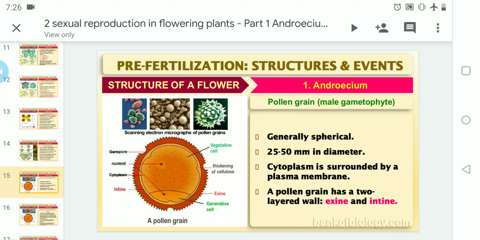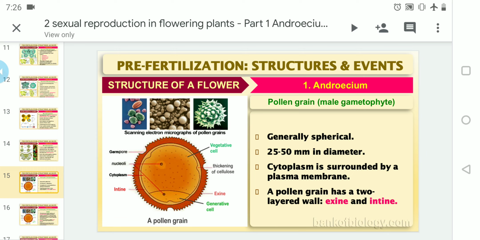Not exactly always like this, but generally pollen grains are spherical in shape, and the size may vary from 25 to 50 micrometres. It varies from one species to another species. The diameter varies, because there is no guarantee that all species will be 25 or 50 like that. It will vary.